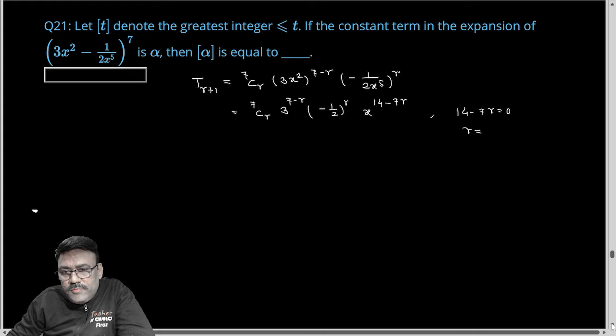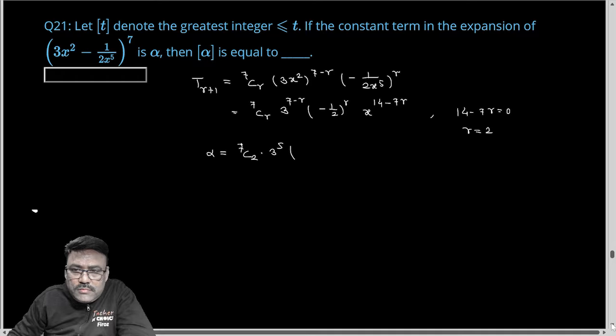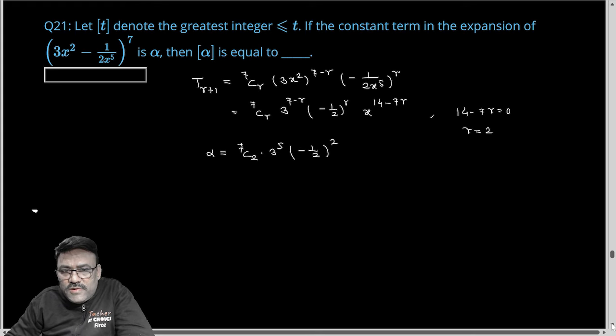So hence r will be 2. Just put r equal to 2, you will get the term independent of x, which is called alpha here. So alpha is 7C2 3 raised to 5 into minus 1 by 2 raised to 2.